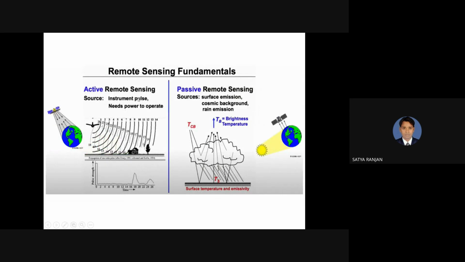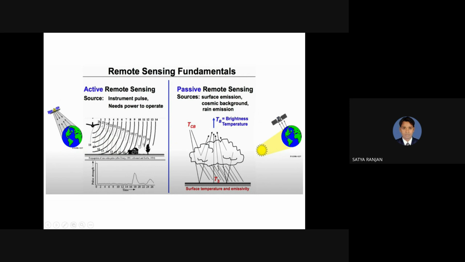Active remote sensing means the instrument needs power to operate. This is the active sensor. The passive sensor needs the sunlight, then it reflects back the brightness, and all this brightness value is collected. Then it gives the picture of these objects. But the active sensor sends pulses to the object, which reflect back and are collected.